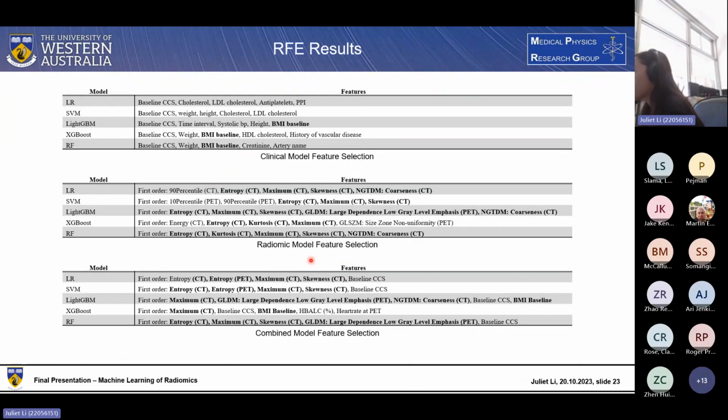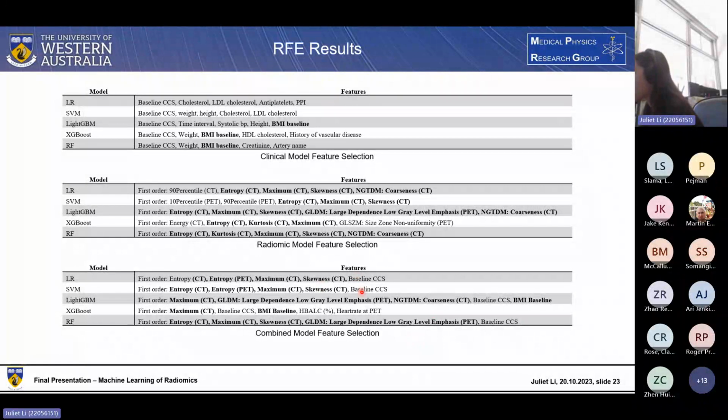For the radiomic model feature selection, a lot more CT features were selected than PET features. Some of the features that were selected multiple times are in bold fonts. And for the combined model feature selection, we use both radiomic and clinical features.